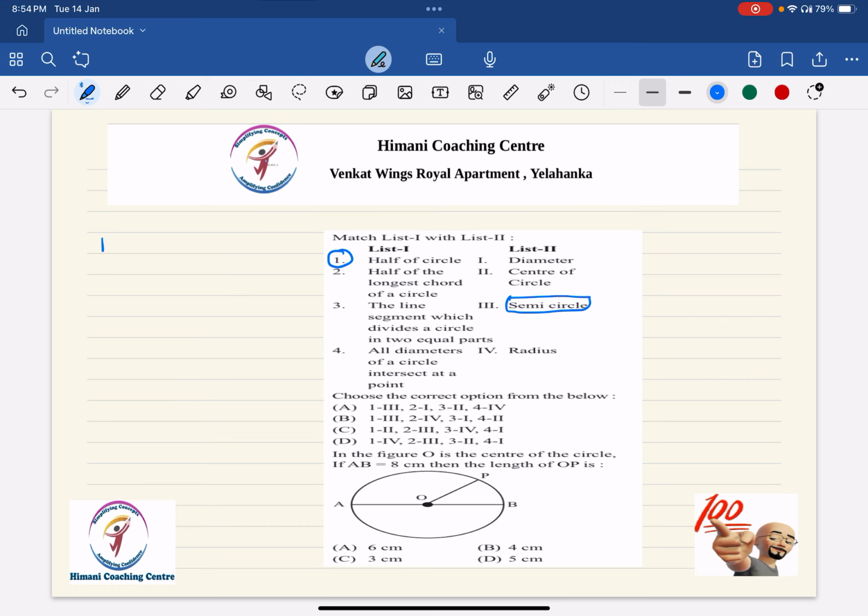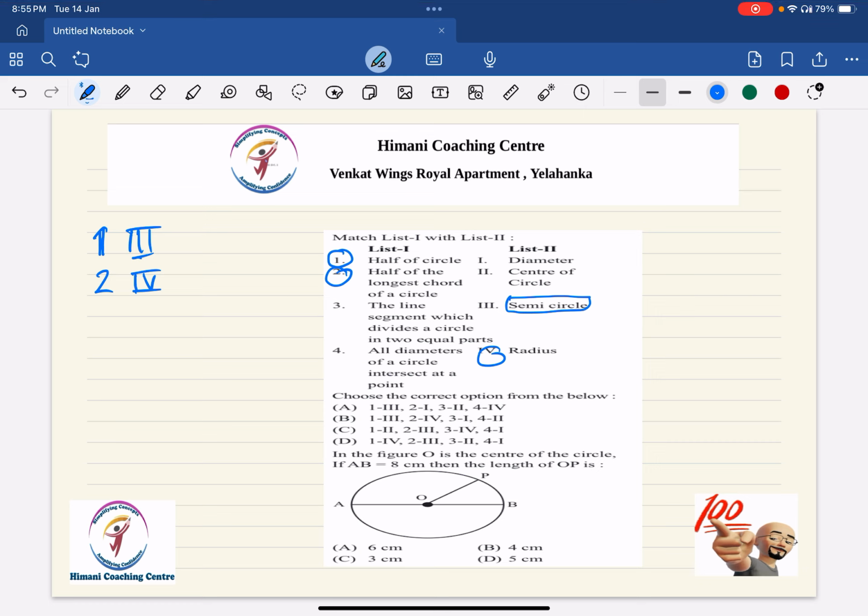So let us write 1, which is number, and 3 Roman. Then half of the longest chord of a circle. Students, what is longest chord of a circle? Diameter. Okay. And what is half of the diameter? That is called radius. So this 2 and 4 are the pair.